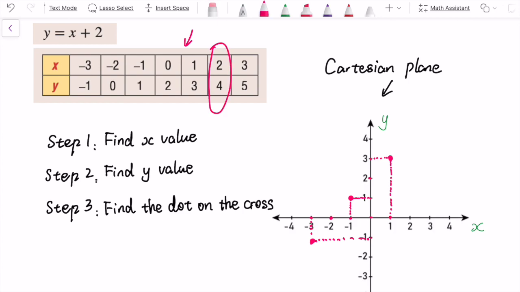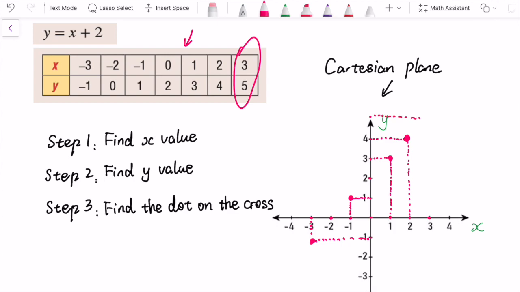Next group, x equals 2, right here. And then y equals 4, and then here. So you find the dots on the cross. x equals 3, which is right here, and y equals 5. It roughly should be there.